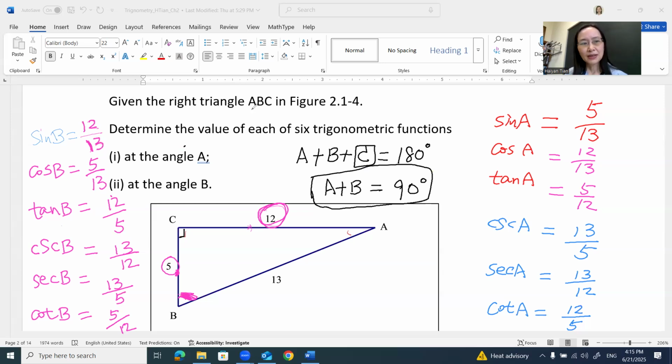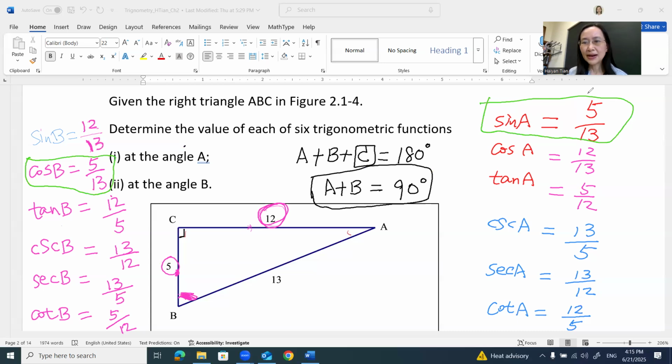And because of that, let's look at some special results. Look, the sine A is the same as what? Cosine B. It's not by chance because A and B are in this right triangle.